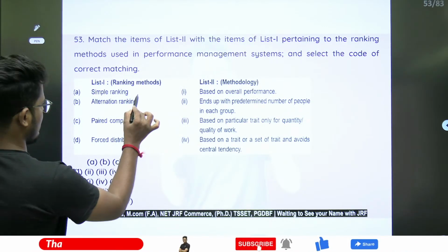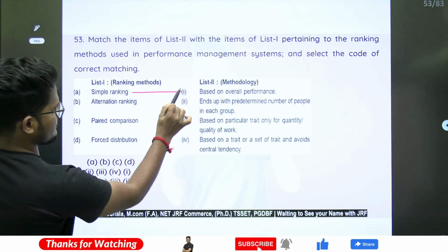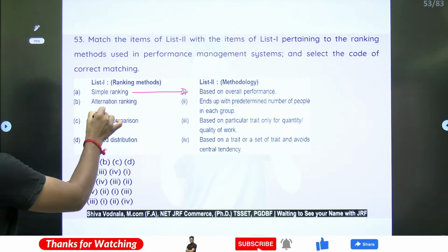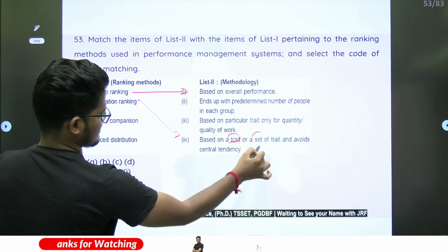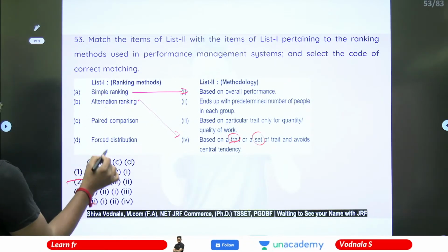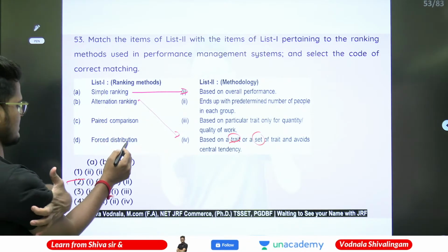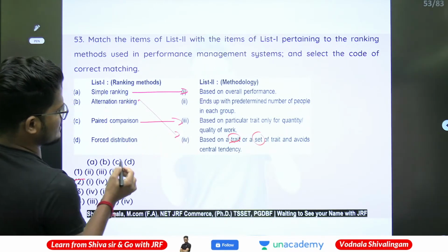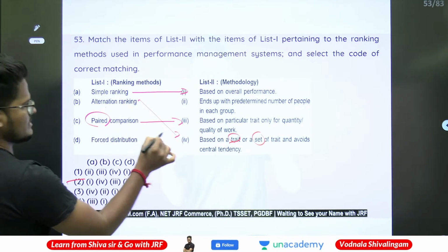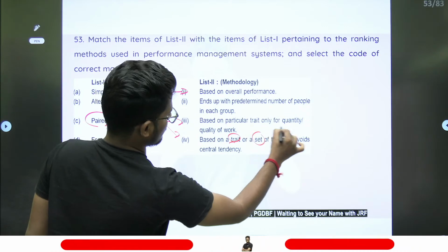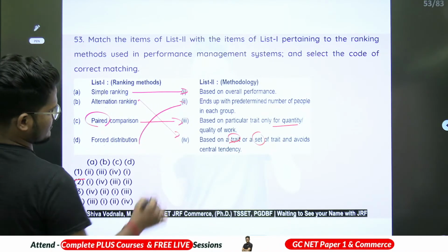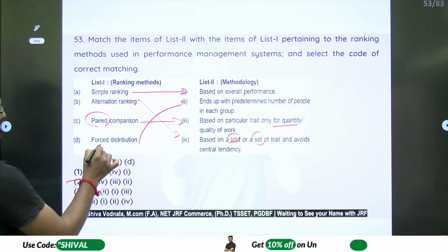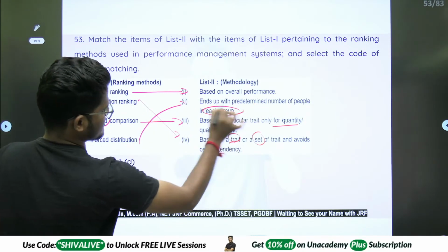Simple ranking is based on overall performance and alternation ranking is based on a single trait or a set of traits. Paired comparison is based on a particular trait only, for quantity or quality of work. And forced distribution ends up with a predetermined number of people in each group. Forced distribution, each group distribution is going to be done.